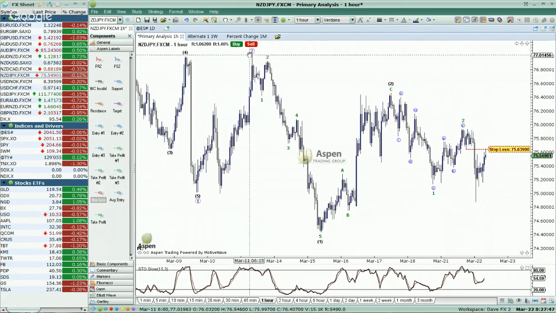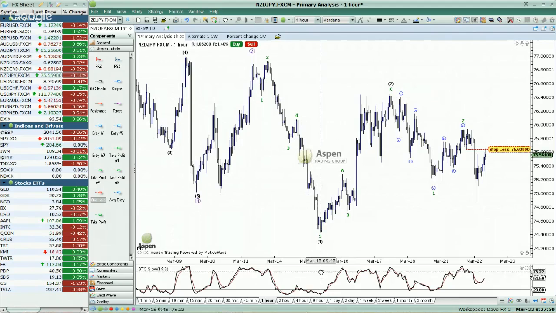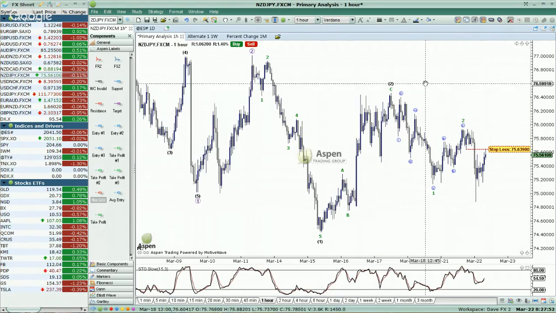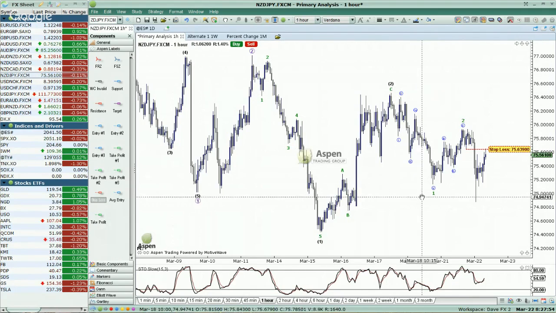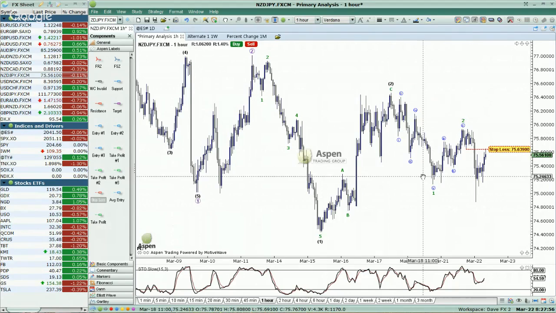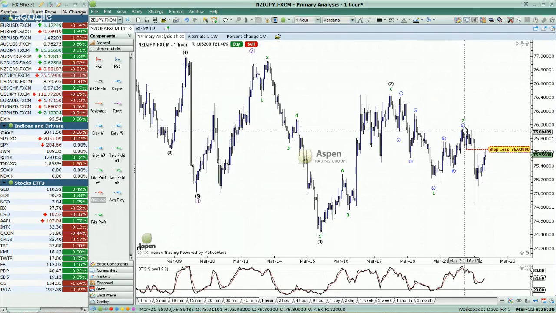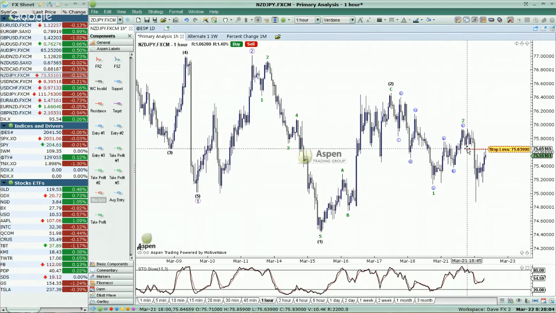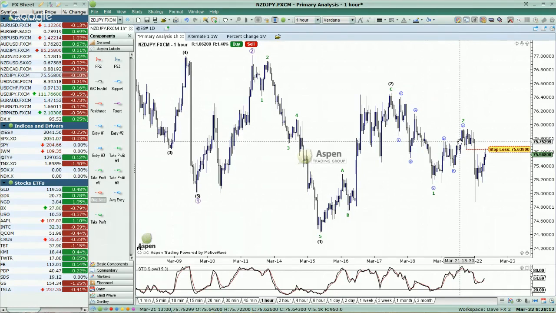Correction in 3 waves. 5-wave move lower, 3-wave move higher. 5-wave move lower, albeit a leading diagonal as I have it labeled, but this is clearly a corrective rally. 1, 2, 3. Then we get this break overnight back below 75.63. In fact, the level I was looking at overnight was 75.75 because again, that creates overlap.